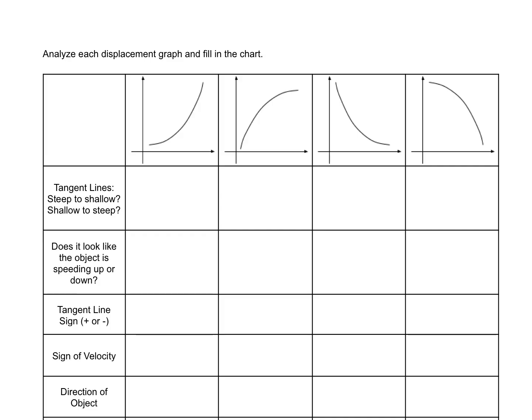So first thing, I'm going to draw it on. So let's say I have this point here, I'd say relatively shallow, versus this point here, it's getting steeper. So I'm going to say that they're just getting steeper. So shallow to steep. For the next one, it looks like I am steep, but then I'm getting more shallow.